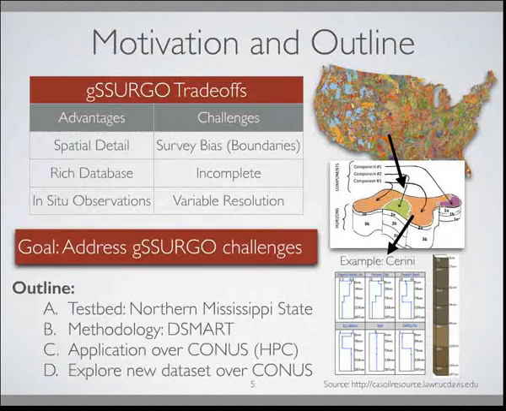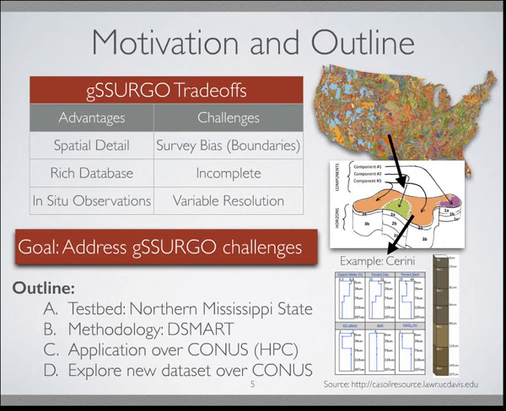So just to give a brief overview of what I'm going to talk about. The motivation of this is these gSURGO trade-offs. The advantages: very good spatial detail that's available to us through the soil survey, a very rich database, and the fact that it's ground observations, people actually going and collecting the data, is very powerful in terms of how we include this in our models.